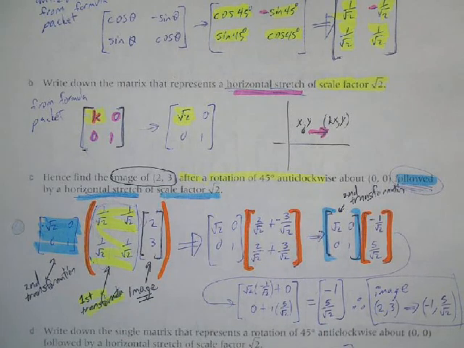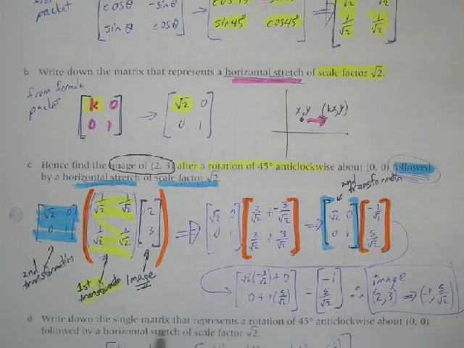Question D says, write down a single transformation that represents the rotation about the origin, followed by the horizontal stretch.